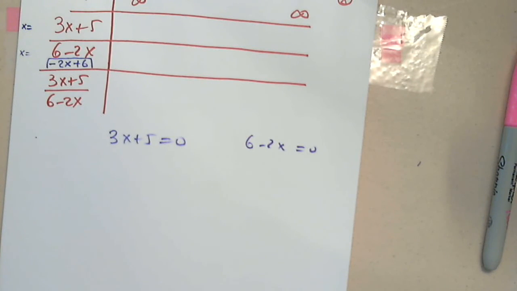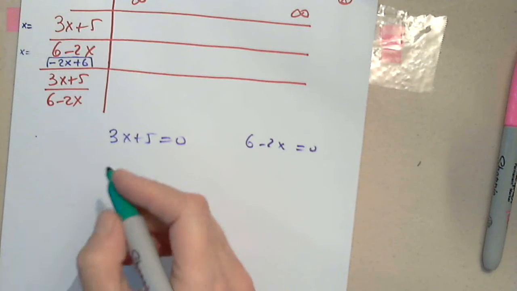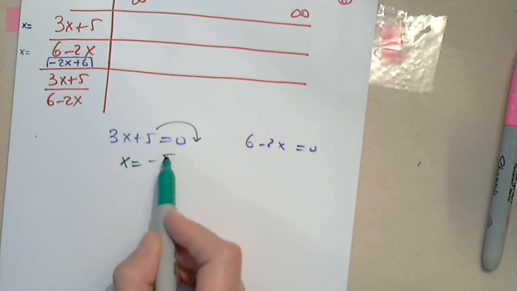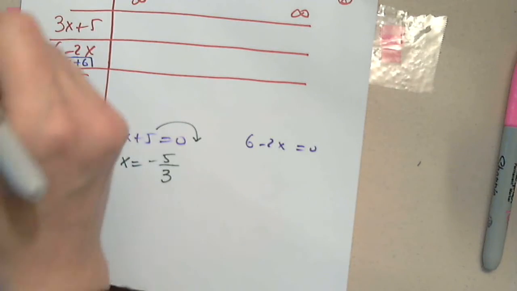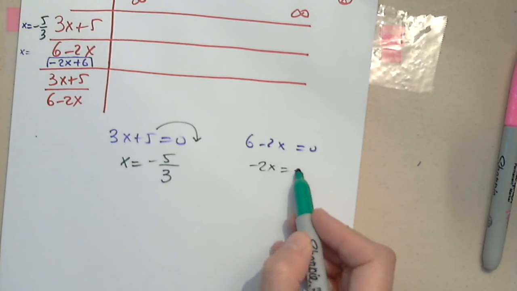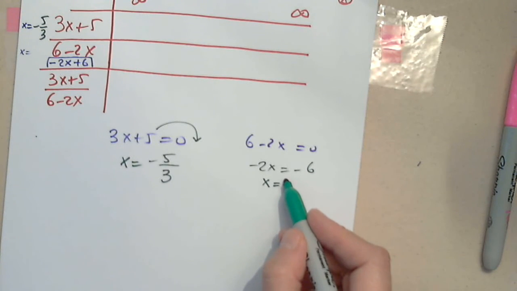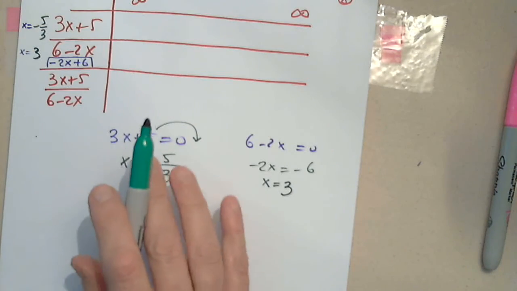Okay. So can anyone tell us the first x? Negative 5 over 3. Good. Can anyone give us the second x? Three. Excellent. Be very careful in ascending order.